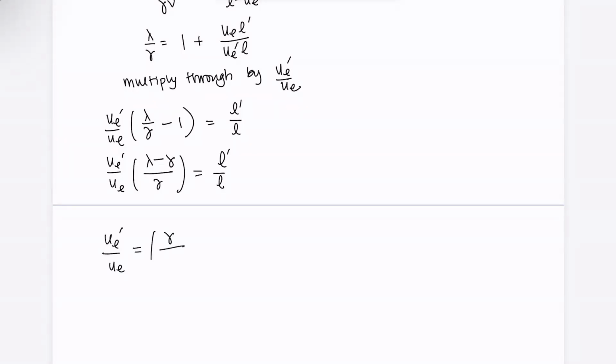So this is gamma over lambda minus gamma, L prime over L.